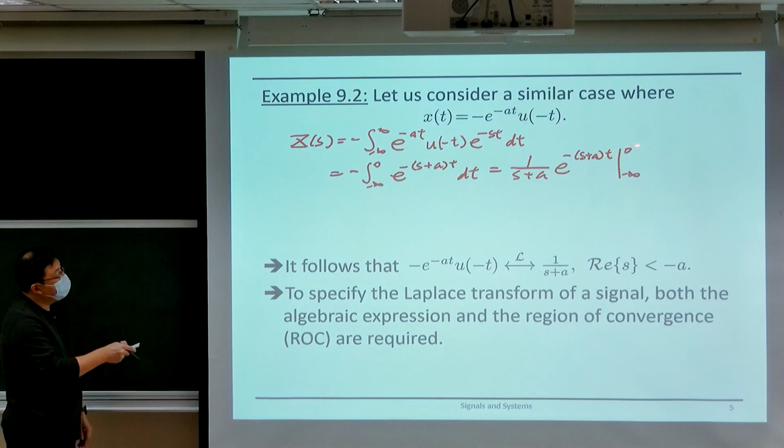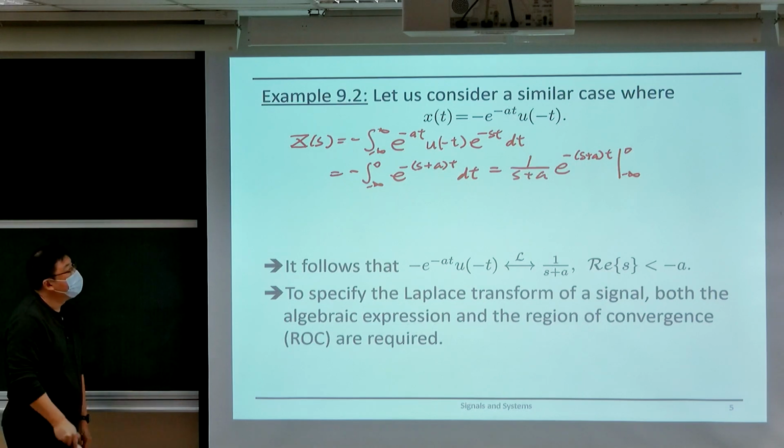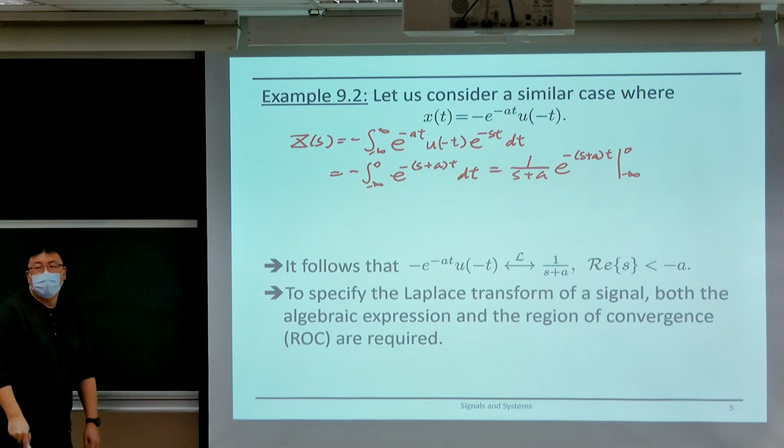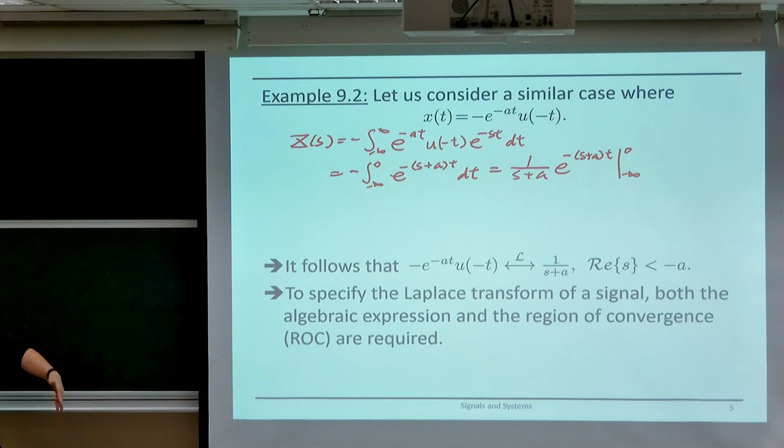So when you substitute t equal to 0, you get 1 over s plus a. When you substitute minus infinity, this exponential will either go to infinity or go to 0. But for it to exist, it must go to 0, and in that case, s plus a must be negative.